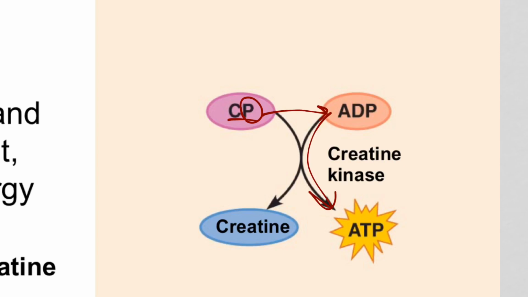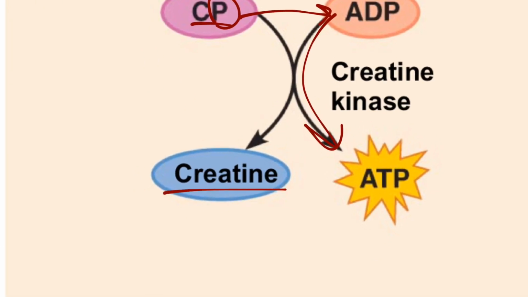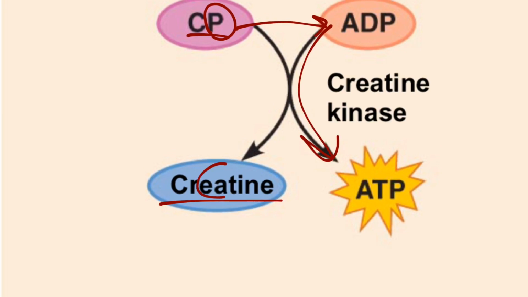This isn't anaerobic respiration, it's not aerobic respiration, it's just phosphate storage. Creatine is holding onto that phosphate, and when muscles contract intensely and you're in a pinch, it'll hand off that phosphate to ADP, and you wind up with ATP. The other end product then is just plain old creatine, right? No phosphate. They really should just make this a big C because the phosphate is gone.